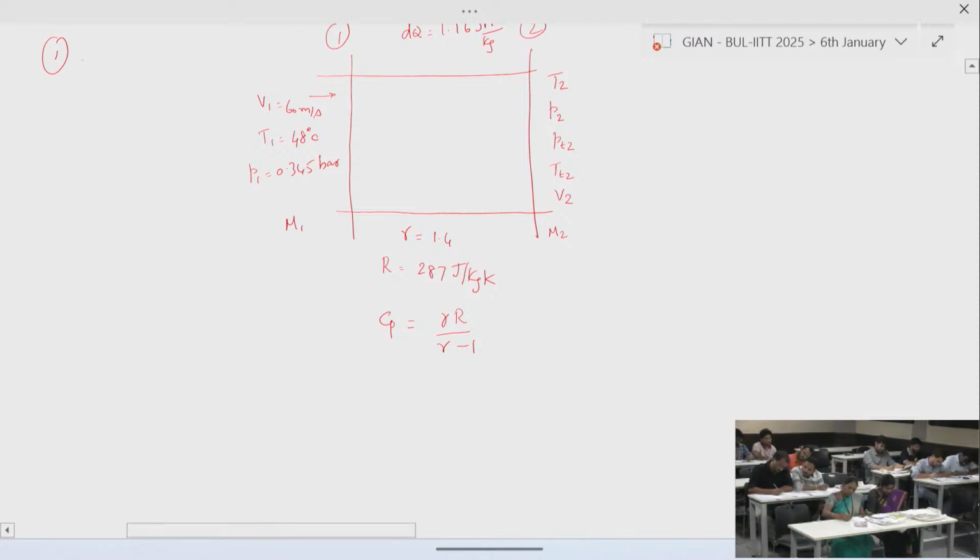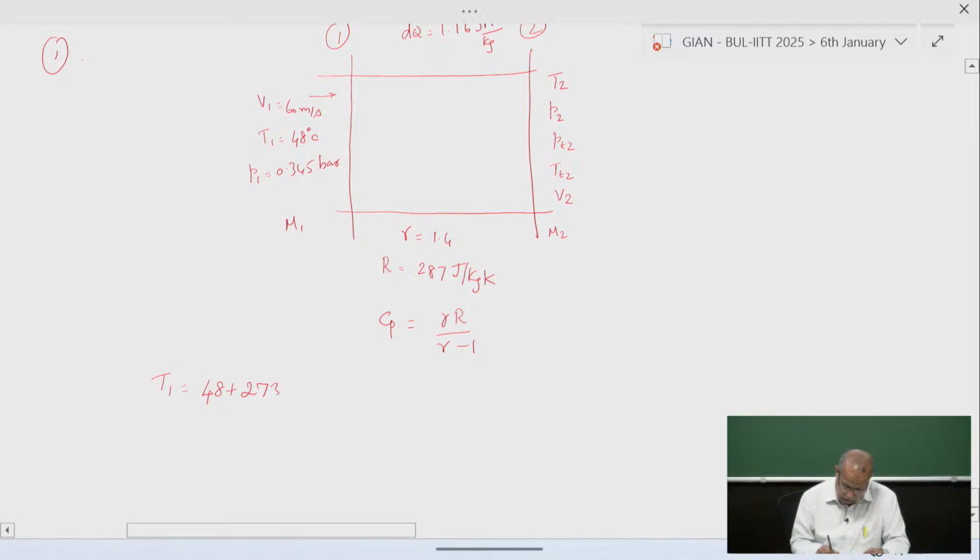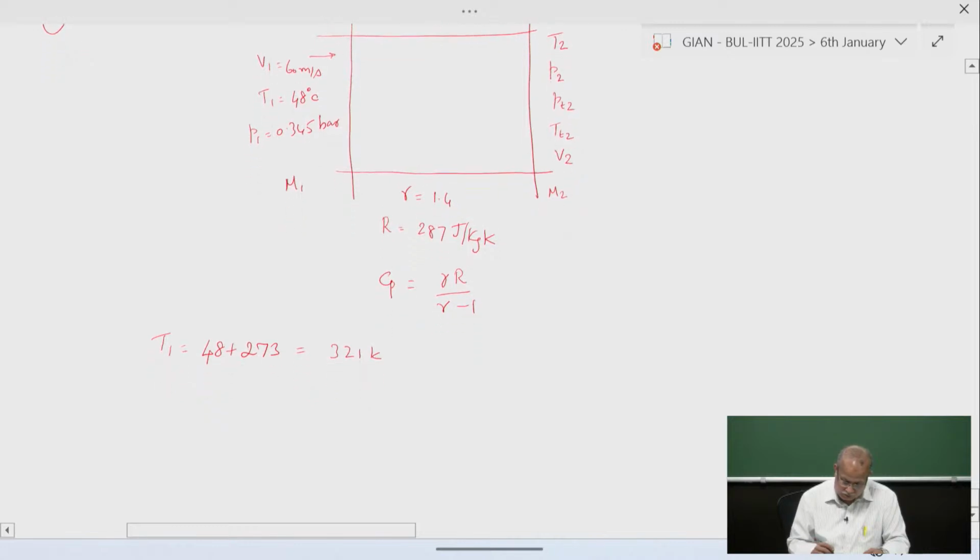So tell me, T1 is equal to 48 plus 273. Convert that to Kelvin. And what is M1?